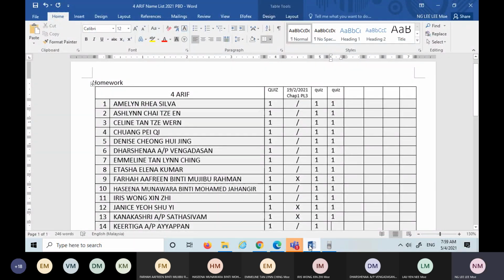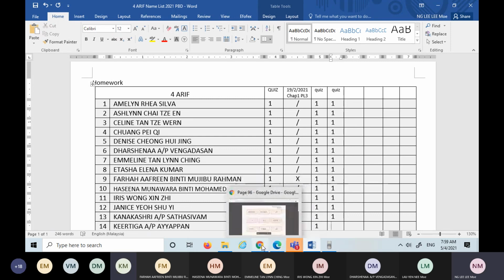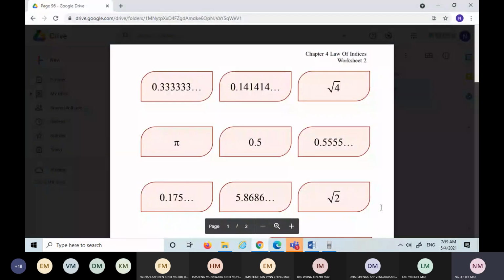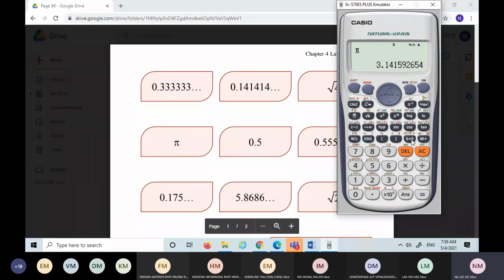Okay, Critical. Yes, teacher. Okay, we do the next one. Square root of 2. Irrational. Okay, if square root of 2, we try pressing the calculator. Square root of 2. If we change it, you can see this is a non-repeated decimal.